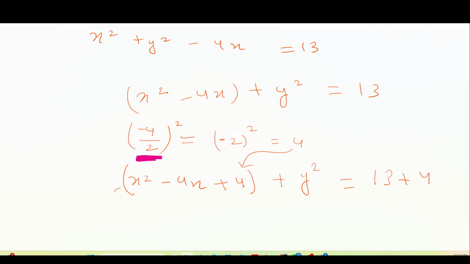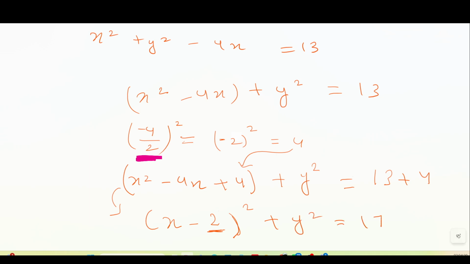Convert it into whole square form. Whole square form would be x minus 2 squared plus y squared equals 17.